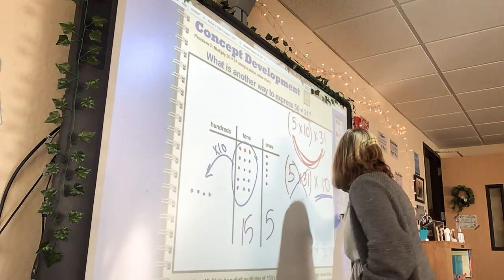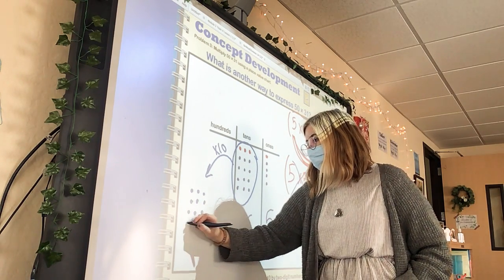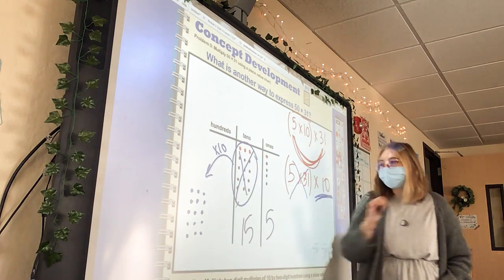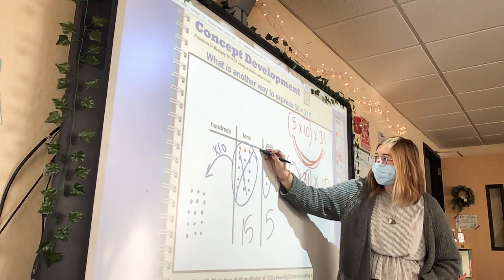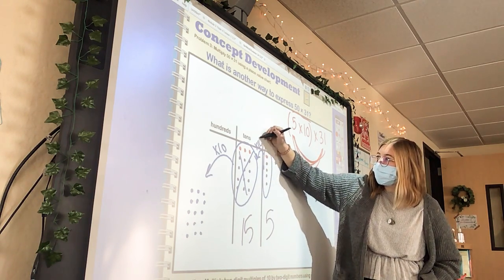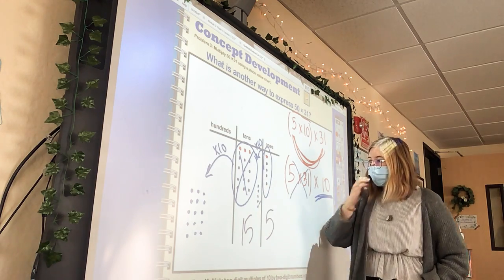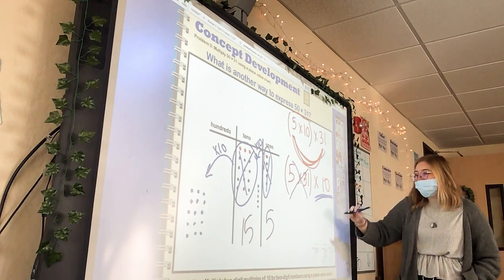Sorry, I'm going as fast as I can. All right, so it's no longer in the tens place. Then this guy has to move over. Times 10 to the tens place, sorry. Okay, so it's done.